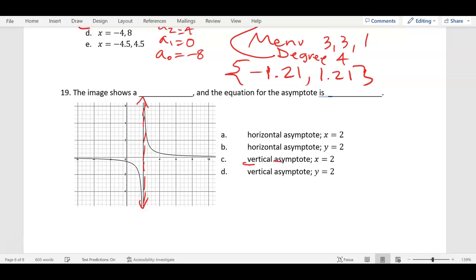That is vertical. So it can't be A, it can't be B. And then vertically, it's going through the number 2. That's cool. Now, is it x or y? So up and down is going through this point on the x-axis. So if it's going through the x-axis, it's got to be x equals, and so it's x equals 2. All right.